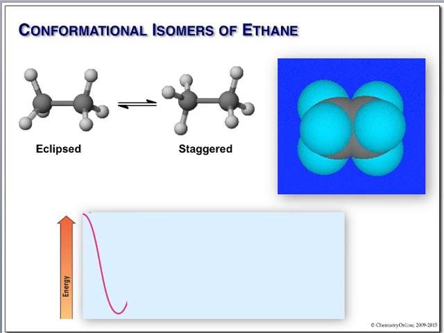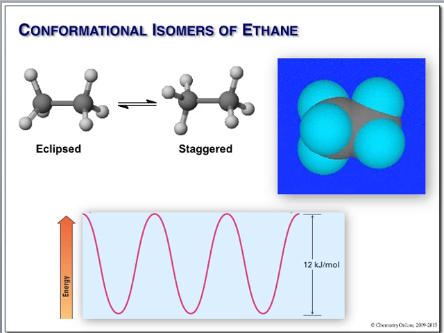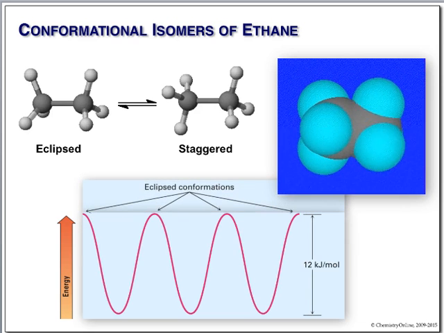We can actually plot out an energy for this as this thing rotates. As we go from eclipsed to staggered, this is about 12 kilojoules per mole difference in energy. Our prediction, therefore, would be that at equilibrium, because it's all equilibrium, we would have a slightly higher population of staggered than we would eclipsed.